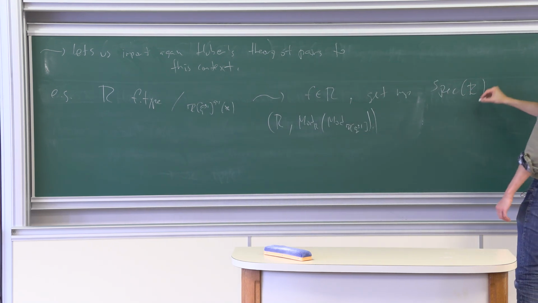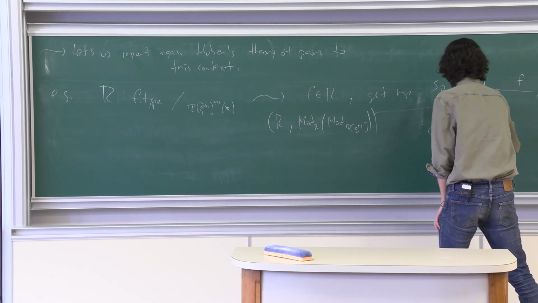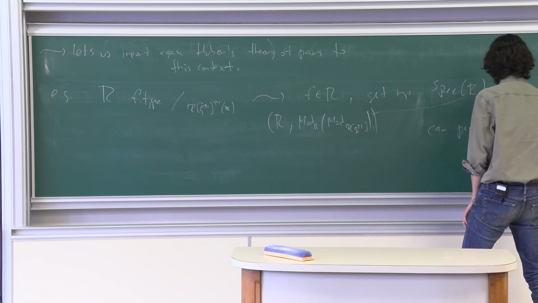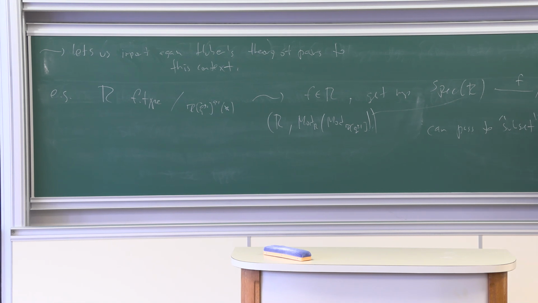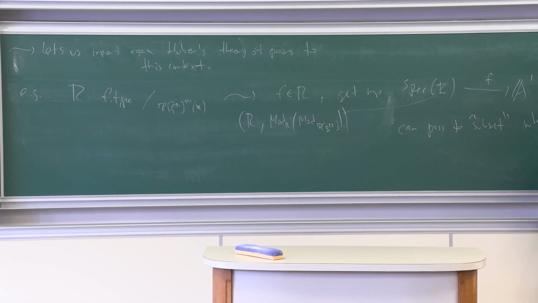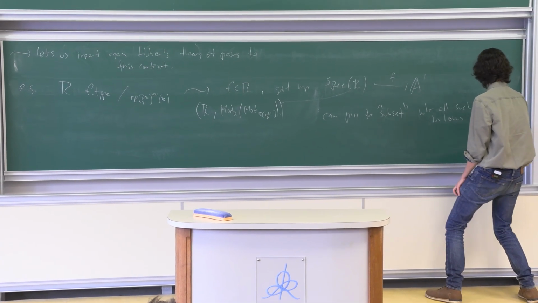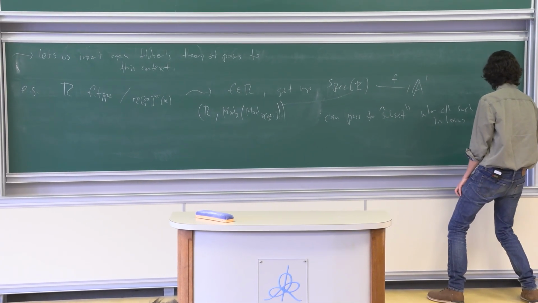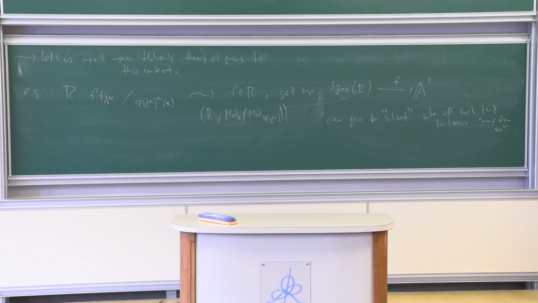Then for any f in R, you get a map from spec R to A1 given by f, and then you can pass to the subspace of this spec R where all such maps land in the locus away from infinity, in the sense that you're killing the idempotent algebra object you get by moving your function germs at 0 to germs at infinity.